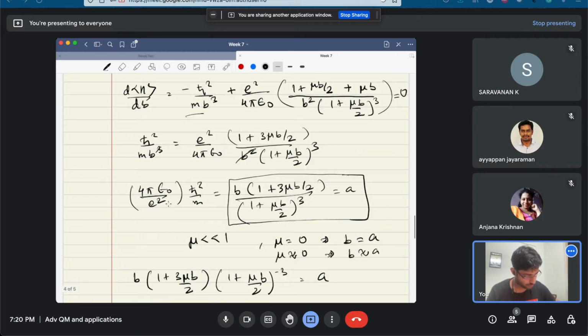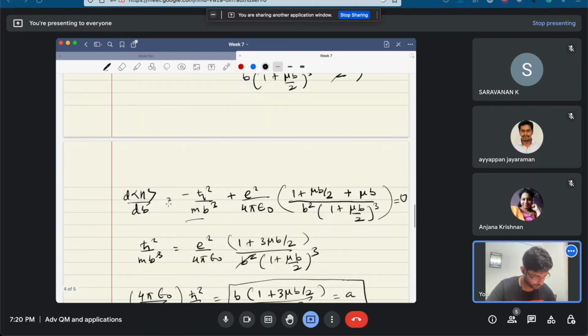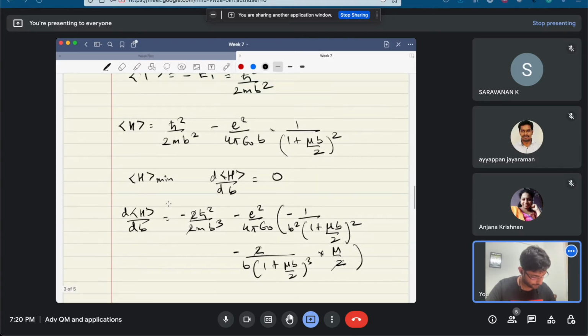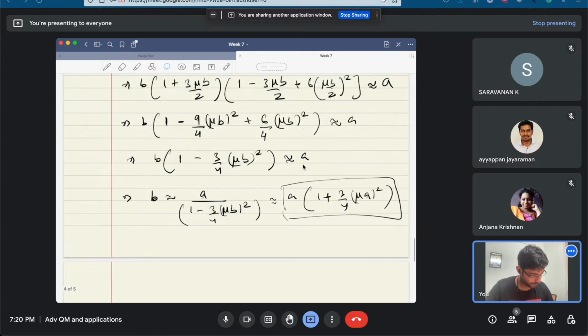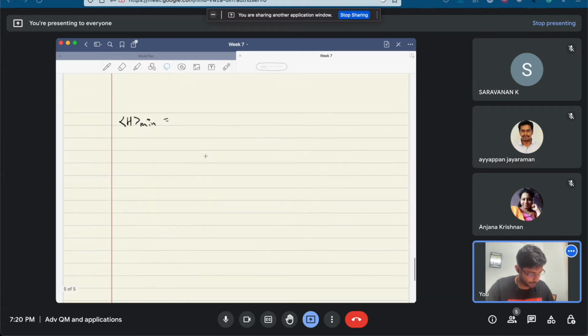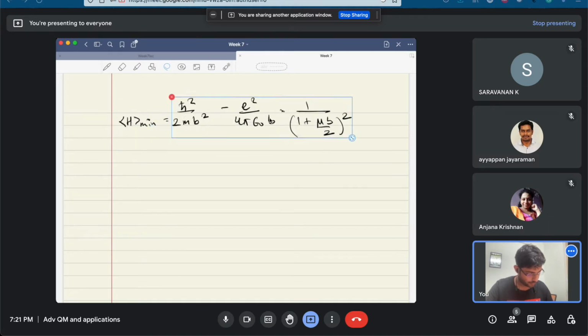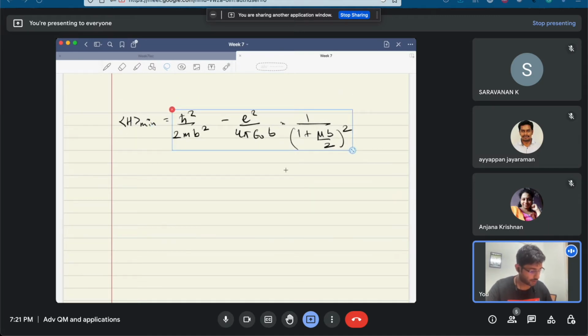Here is h, this term we need, and we are going to substitute the b here.